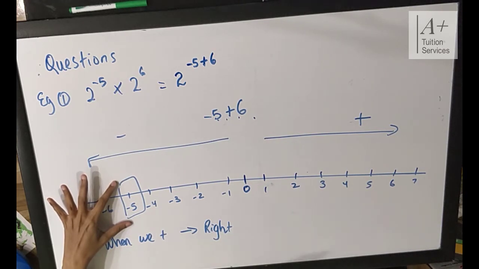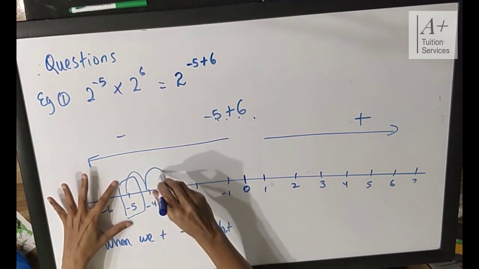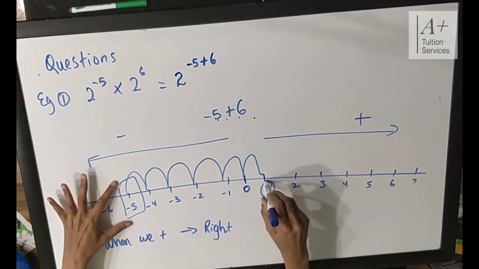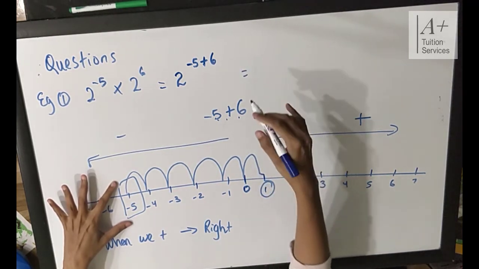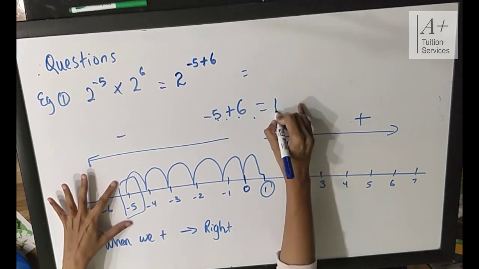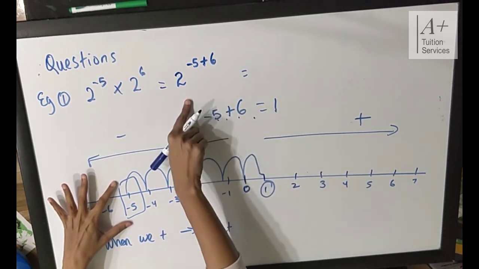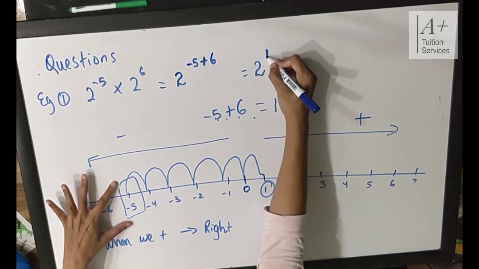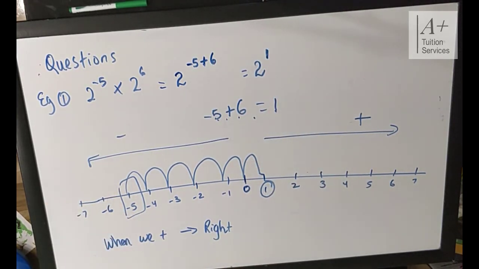So we jump 6 spaces to our right: 1, 2, 3, 4, 5, 6. We end up with 1. So minus 5 plus 6 is equal to 1. So for this question, 2 to the power of minus 5 plus 6, we get 2 to the power of 1. Good? That wasn't too bad.